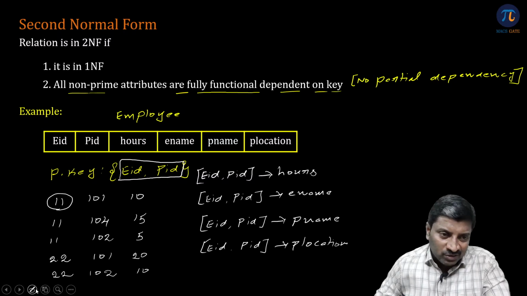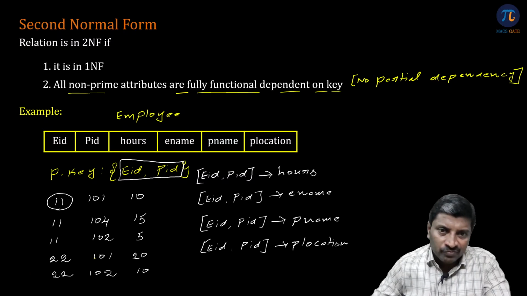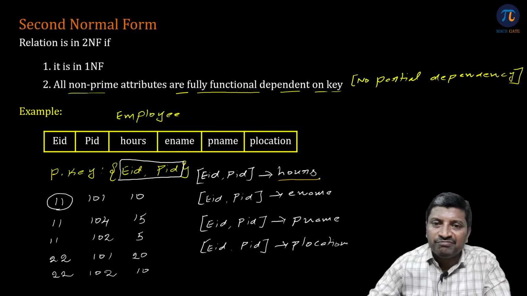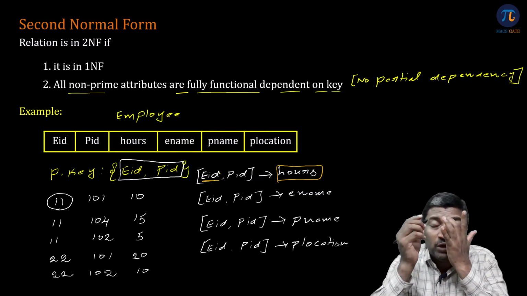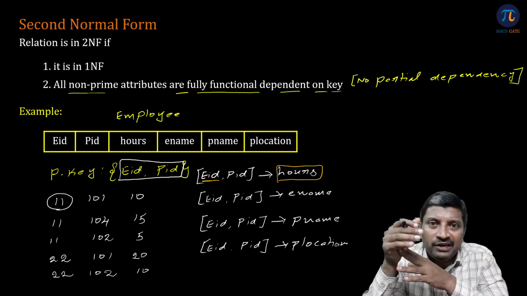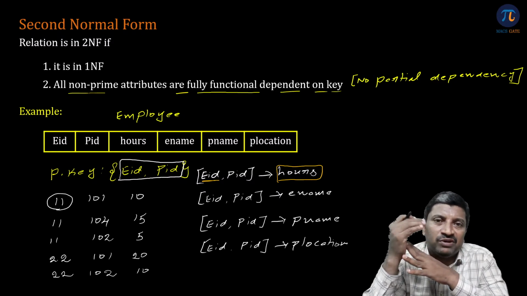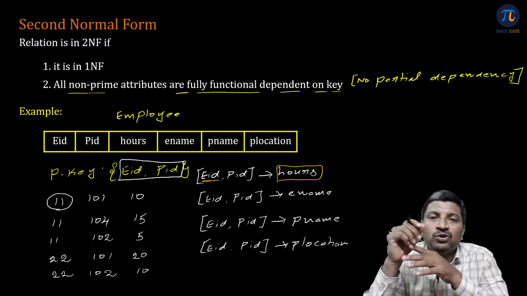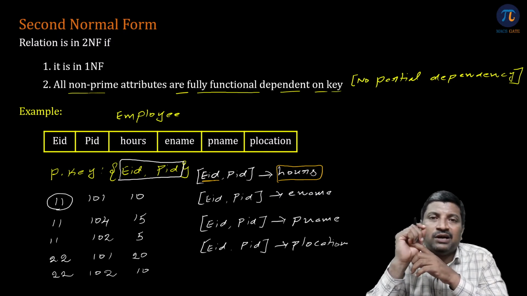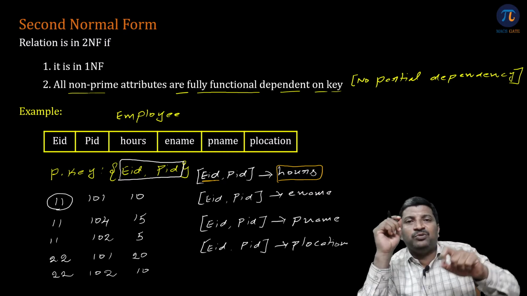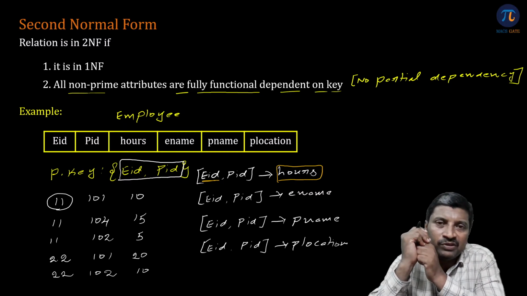Now please observe the first dependency. If I want to find the number of hours, if I know only employee ID, can you get it, sir? No. If I know only 11, I cannot identify the number of hours because the 11 employee may work on different projects. Without knowing the project number, I cannot give the number of hours he contributed to that particular project.